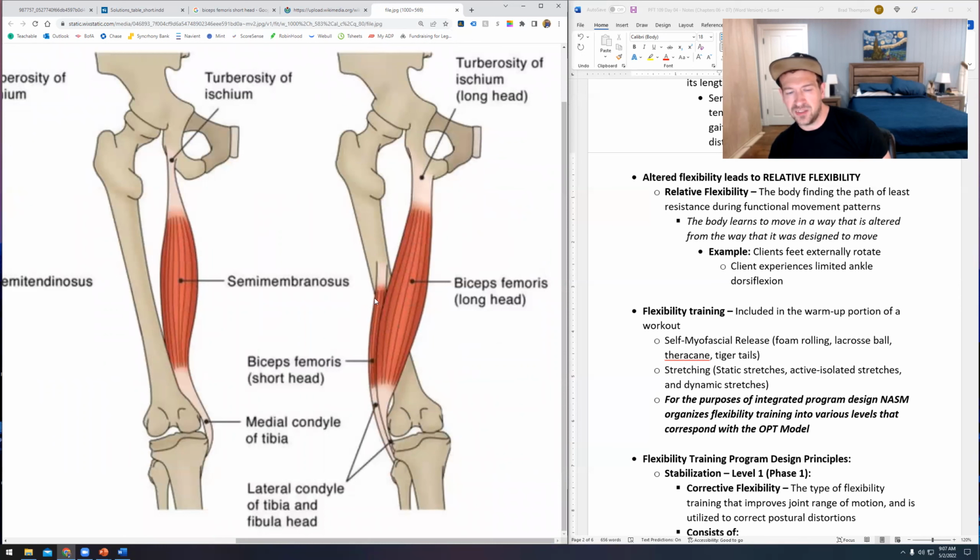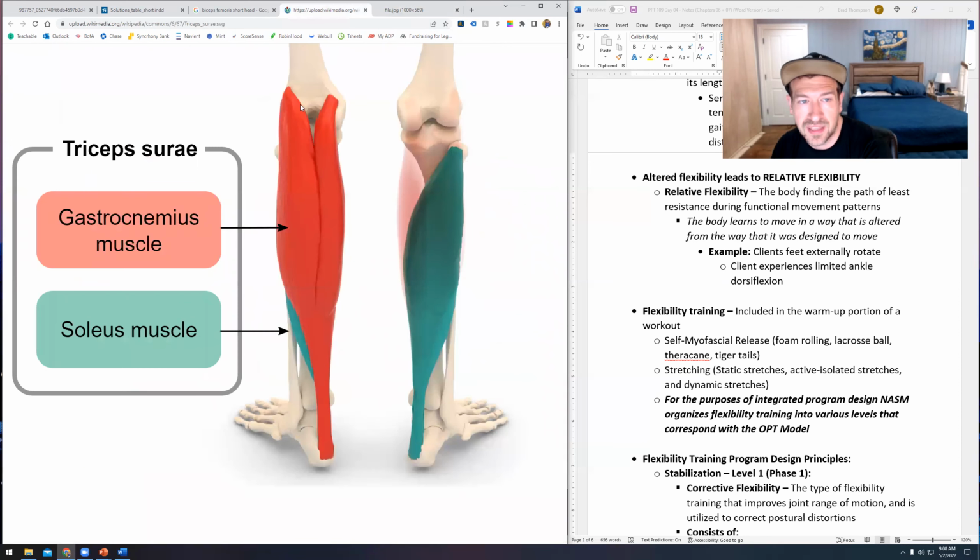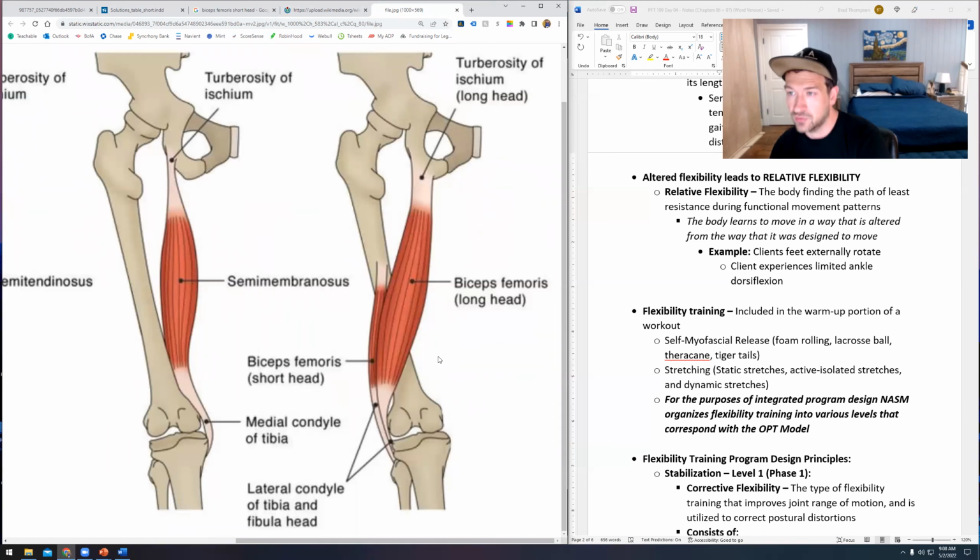This little guy right here, this hidden muscle in the back, is really the one that's responsible for this. Don't get me wrong, all of your hamstrings affect your calf muscles, but the big bad guy here is this biceps femoris short head, right?